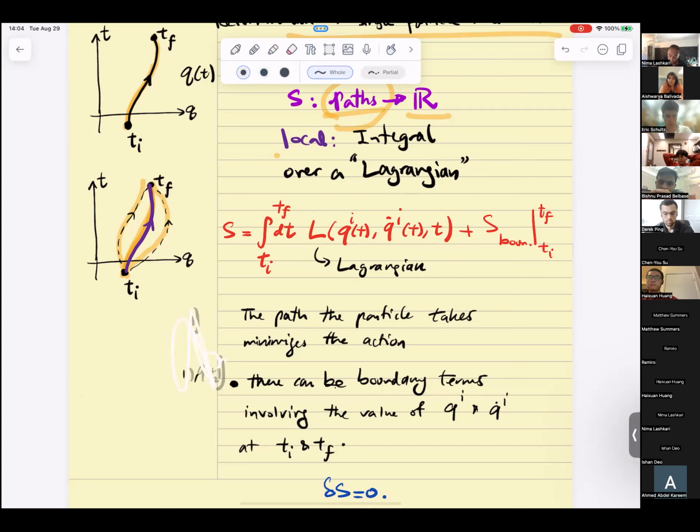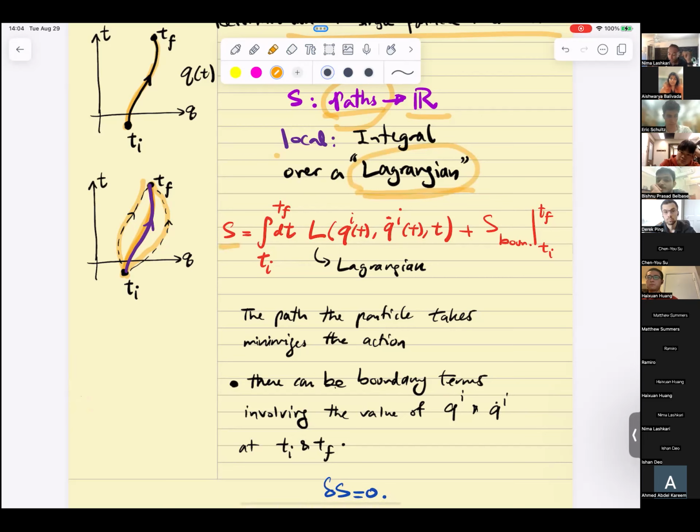That is one manifestation of locality. The fact that you can write it as an integral over time of a simpler function means that you can write it in terms of that simpler function, which we call a Lagrangian, right?